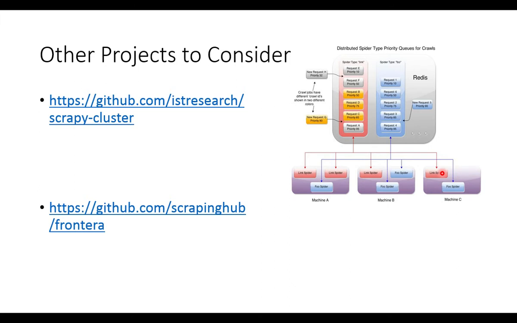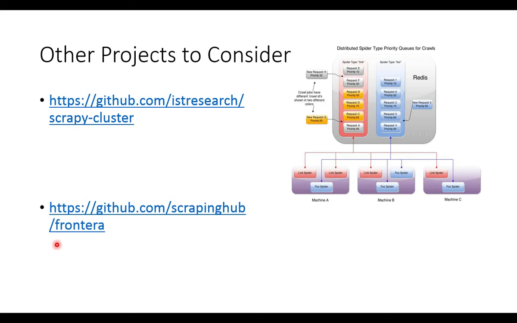These are two projects that you will definitely want to have a look at, particularly if you plan on using Scrapy. We have the Scrapy Cluster project, which uses Redis and Kafka to distribute the crawl and have significant performance and throughput in terms of the crawling capability and the kind of content processing.